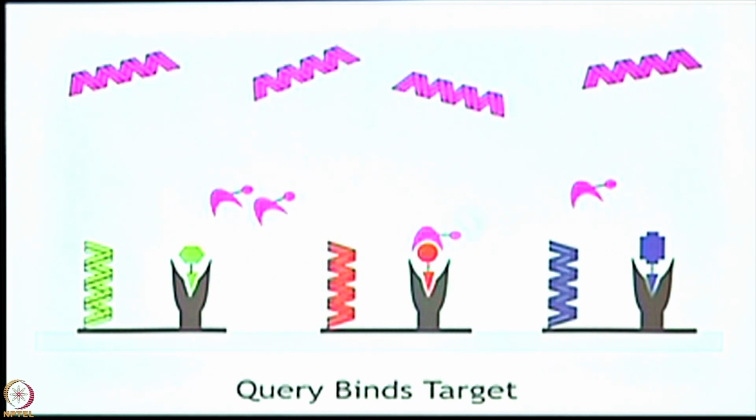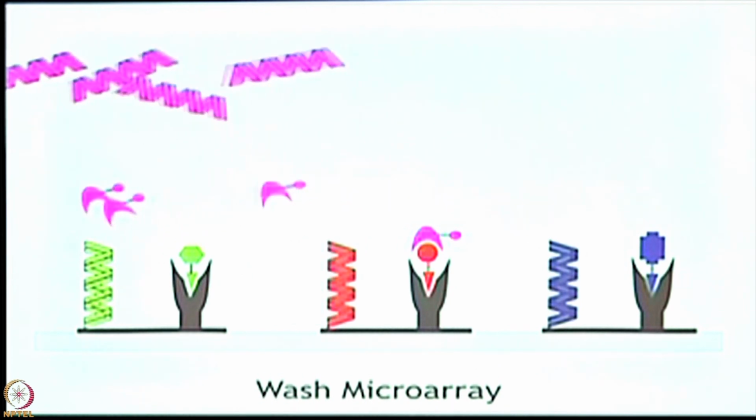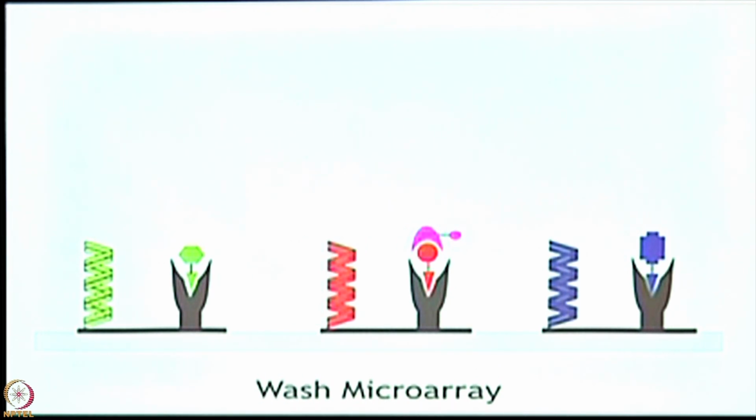In this case, it binds to this guy, but not these guys. Right? And so now I can wash away anything that's not bound. And I'm left now with this guy bound to this spot. Now, how do I know where it binds? Well, I know the identity of every spot on the array. I know whatever position it is, which gene it is. And so I know that if this spot lights up, that pink binds to red.